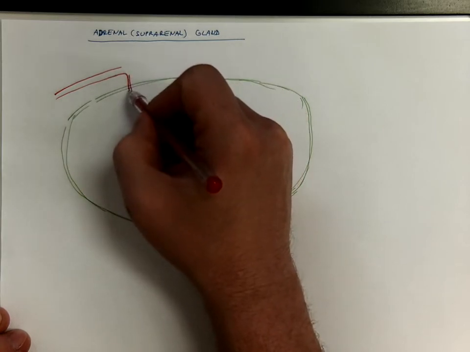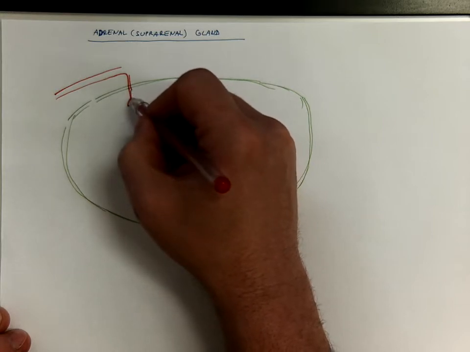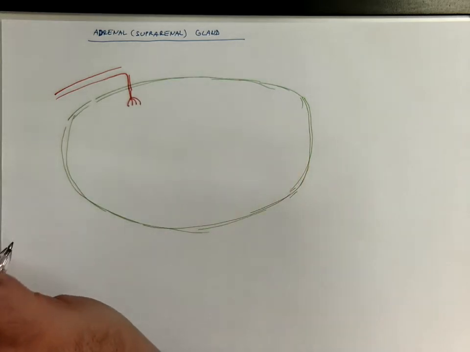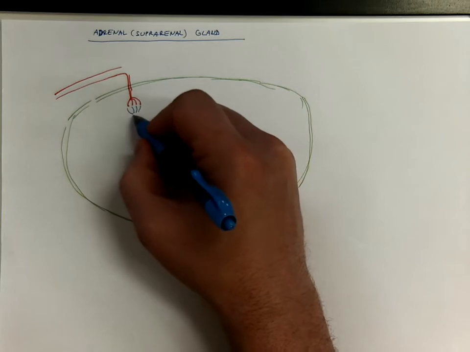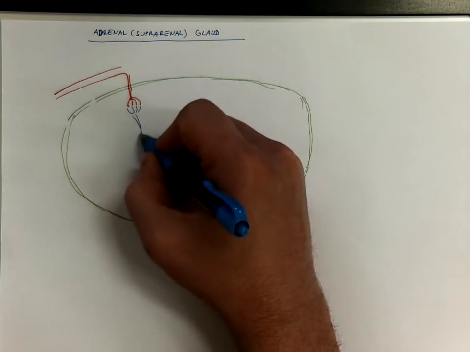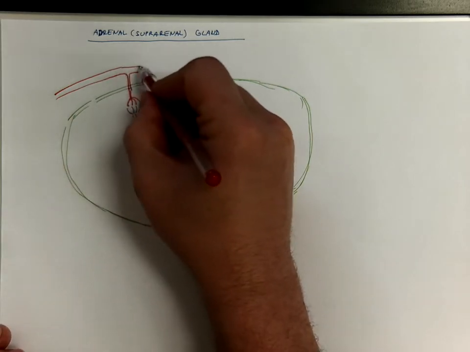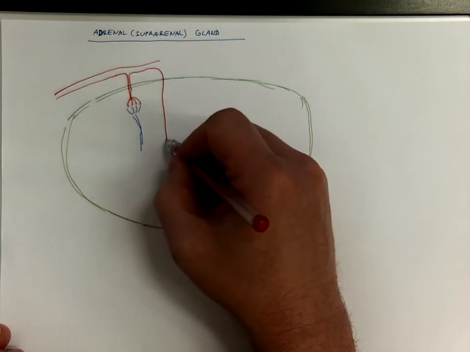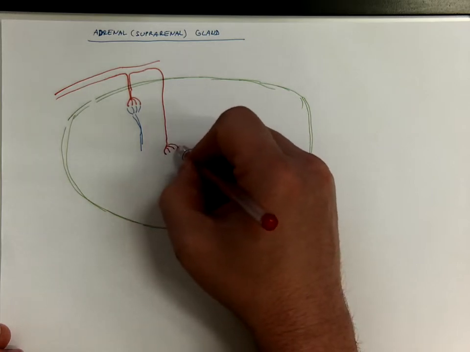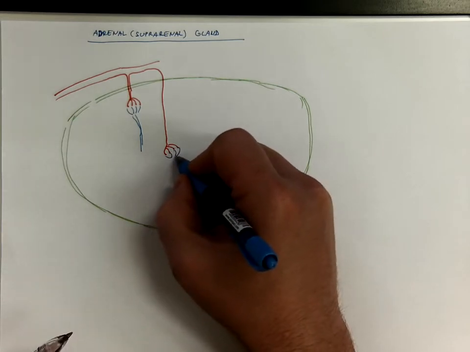But just to point out that there is a cortical, subcapsular plexus, and some of the arterioles are running into the deeper portions, into the medulla, where they branch into medullary capillary plexuses.